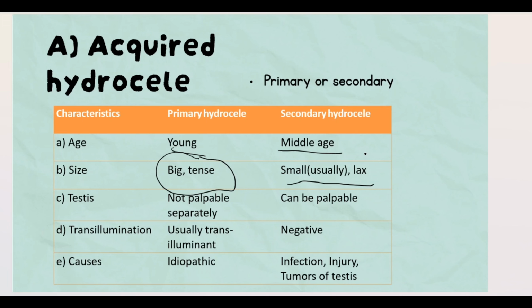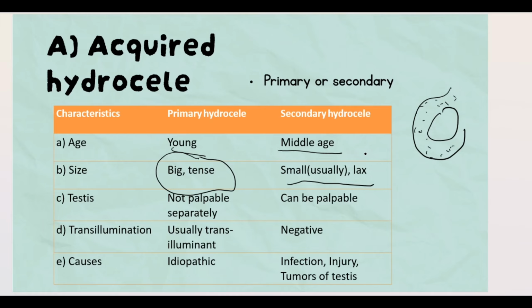In primary hydrocele, we cannot palpate the testis separately because the testis is entirely covered by the fluid. It is surrounded by the fluid, so we cannot palpate the testis separately, and the swelling is also huge.